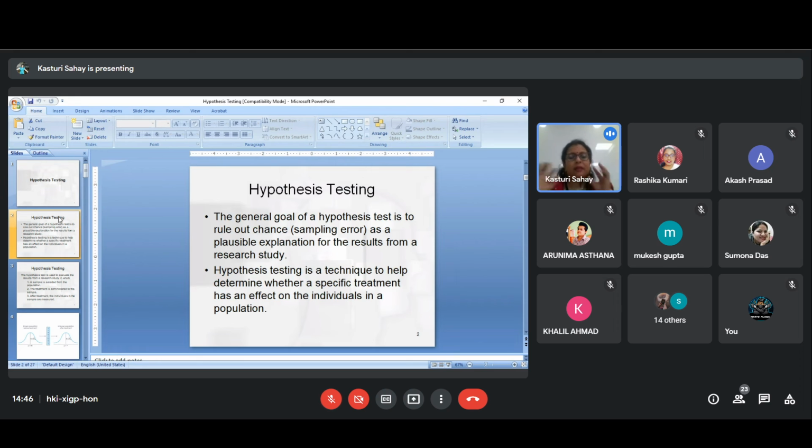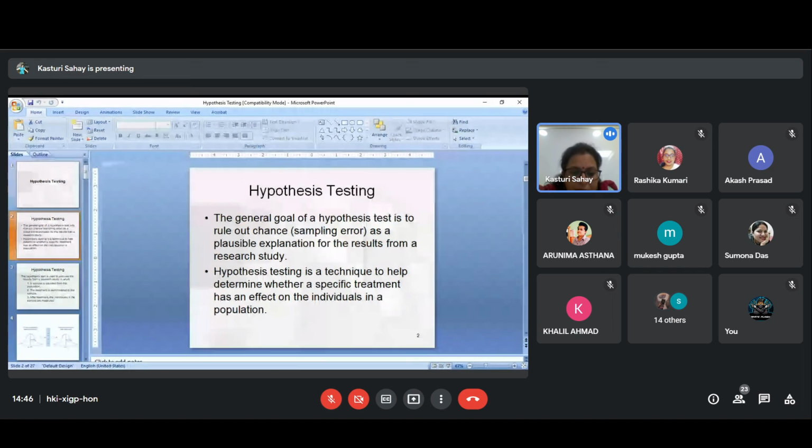So basically, when we talk of hypothesis testing, the general goal of a hypothesis test is to rule out chance, or the sampling error, as a plausible explanation for the results from a research study. This is a technique to help determine whether a specific treatment has an effect on the individuals in a population or not. What exactly are we doing in hypothesis testing? We have made some predictions, right?